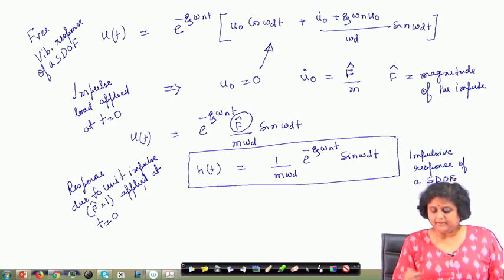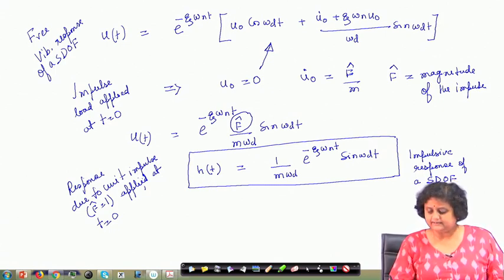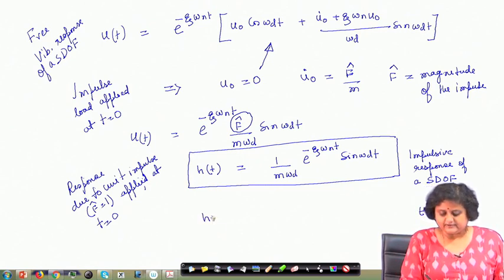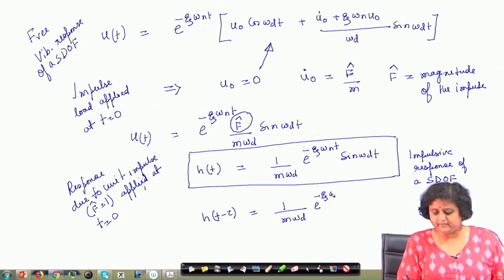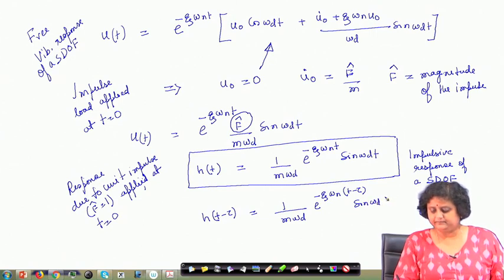Now, when the impulse is applied at t equals tau, then the response is nothing but h(t minus tau), which is 1 by m omega d e to the power minus zeta omega n (t minus tau) into sin omega d (t minus tau).